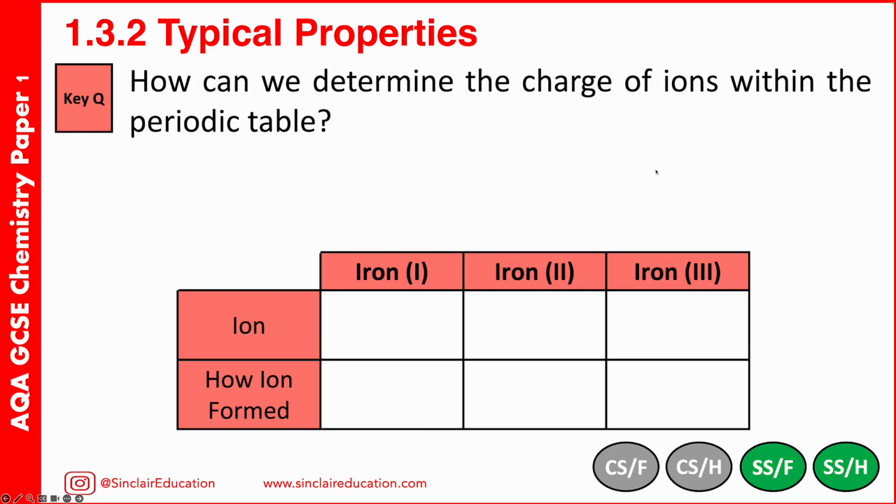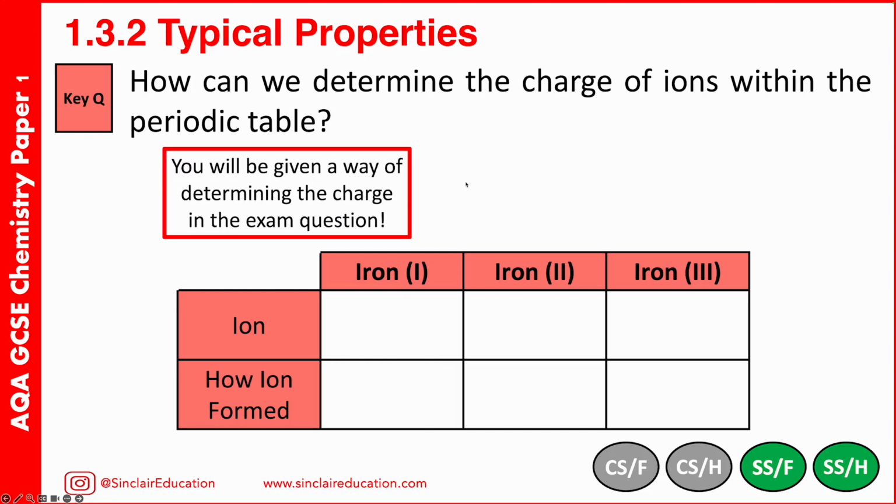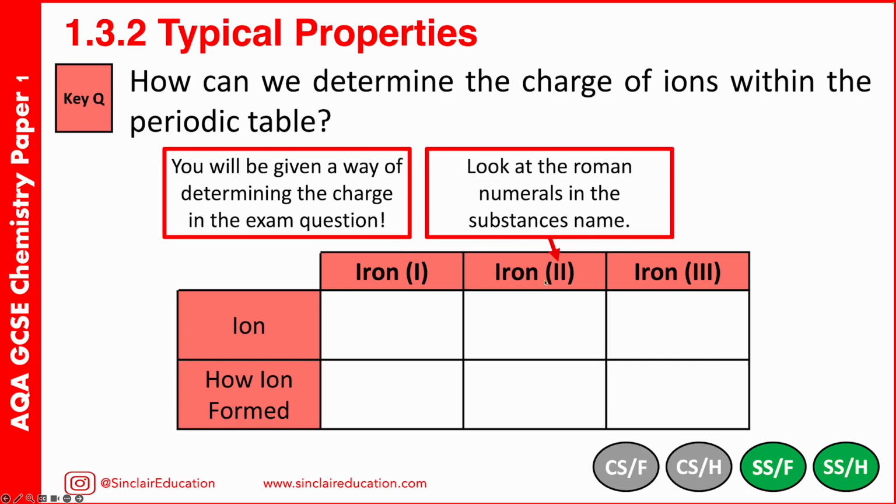With the ions of different charges, there will always be a hint of this in the exam question because, for example, iron can make iron(I), iron(II), iron(III). The Roman numerals in the name give you an idea of this. So here we've got iron with an Fe+ charge.